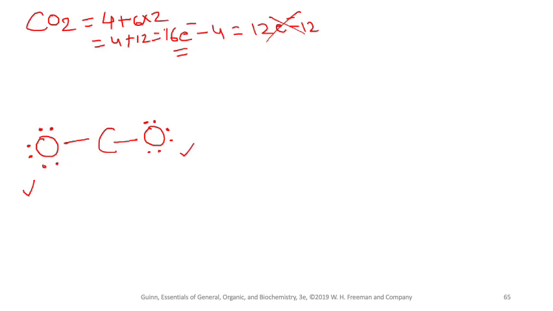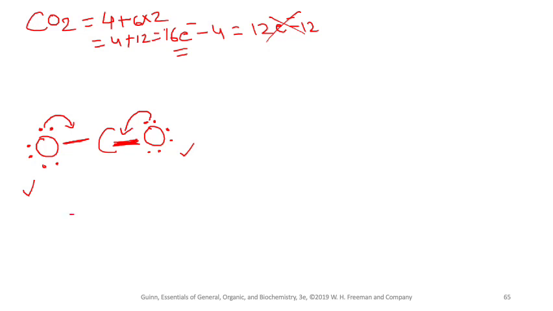But what about this carbon? How many electrons does this carbon have? This carbon has just 2 single bonds, meaning 4 electrons, so it's not happy. It needs 4 more electrons, and we don't have any more electrons left, so how are we going to make it? This oxygen says I can share the electrons, both of them, and this oxygen also says, oh, I also have electrons that are not shared, I can also share with you.